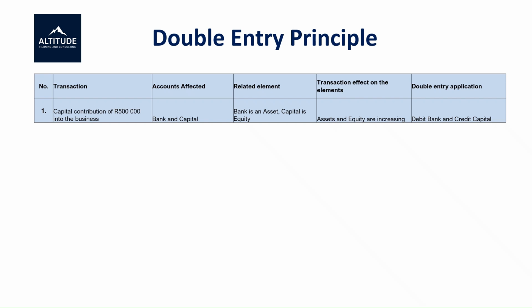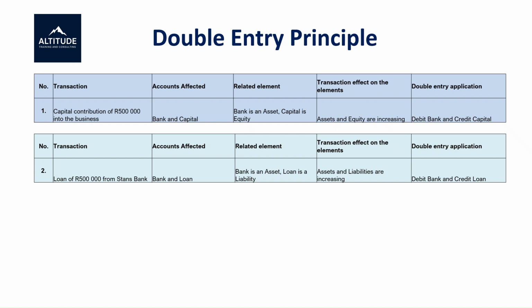The effect of this transaction on the elements is that assets and equity are increasing. Then in applying the double entry, we are going to debit the bank because the bank is an asset and assets increase on the debit side. We are going to credit capital. Capital is equity and equity increases on the credit side.